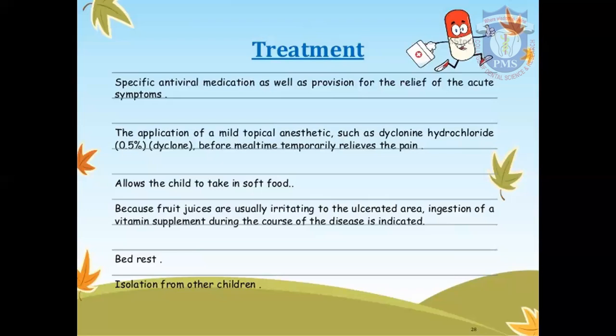Because many patients have difficulty drinking, it is important to monitor for severe dehydration, which may necessitate hospitalization and parenteral fluid administration. In addition, in order to prevent auto-inoculation or disease spread to others, the patient should be instructed to avoid contact with active lesions.